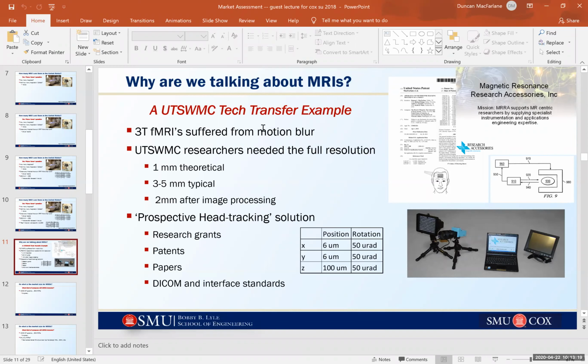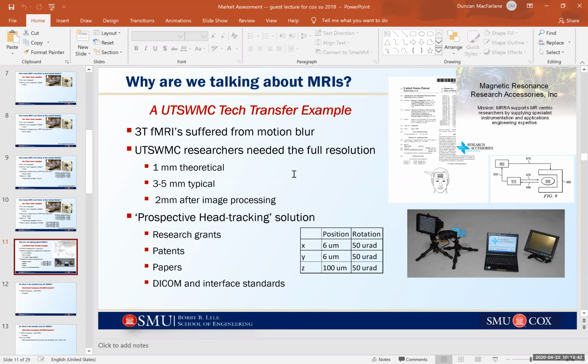Because of movement of the patient, you blur this out to about 3 to 5 millimeters, so very much bigger than the resolution that you want. You could do some image processing, but you can't get back to the theoretical absolute lowest 1 millimeter.